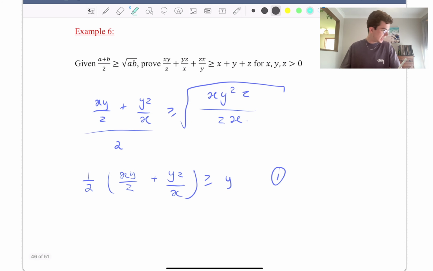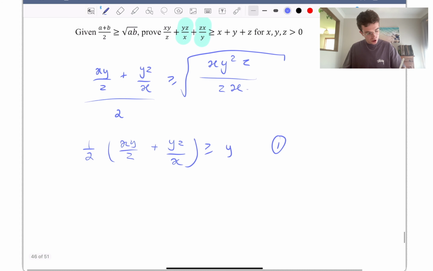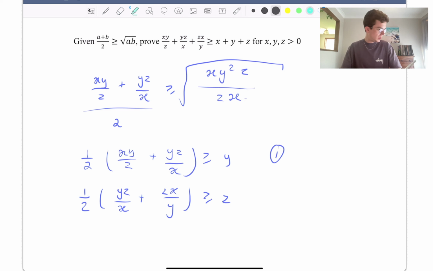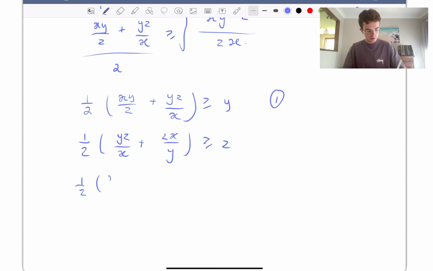If you substitute in this one and this one into this inequality, you get 1/2 yz on x plus zx on y, but this time it's going to be greater than or equal to z. And finally, if you substitute in this one and this one, you get 1/2 xy on z plus zx on y being greater than or equal to x. We call this 2 and 3.